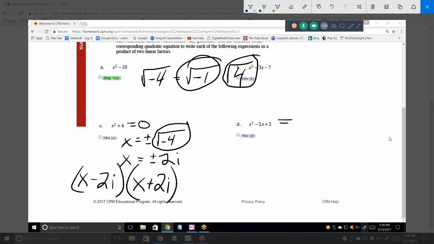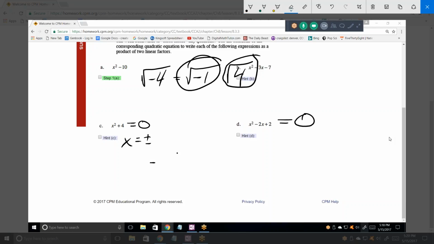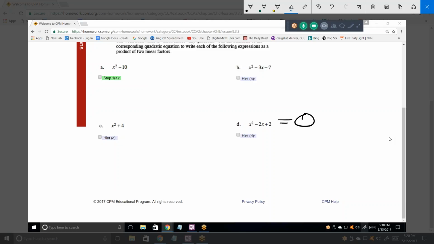Same thing we're going to do over here. That's clearly not going to be factorable. Otherwise it wouldn't be on this page. None of these were factorable. So, what do I do? x equals the quadratic formula: 2 plus or minus the square root of 4 minus 4 times 1 times 2, all over 2.